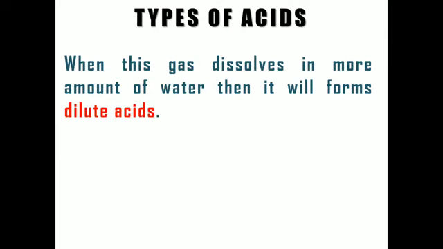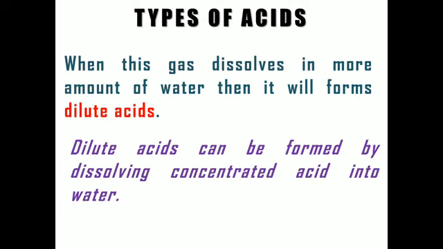Remember, dilute acid can be formed from concentrated acid by the addition of water. We have to be very careful when we add water. We do not add water into the acid, but we have to add acid into the water. When we do the dilution, keep in mind that acid can be added into water, whereas water cannot be added into acid.